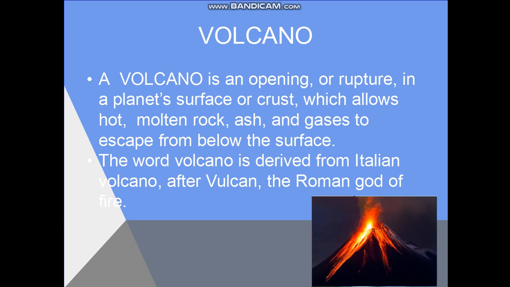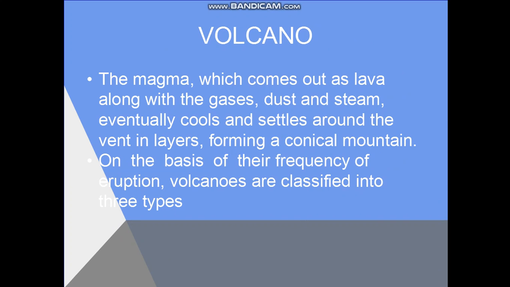The lava coming outside the volcano was first magma inside the surface of the earth. The magma which comes out as the lava, along with the gases, dust and steam, eventually cools and settles around the vent in layers, forming a conical mountain.